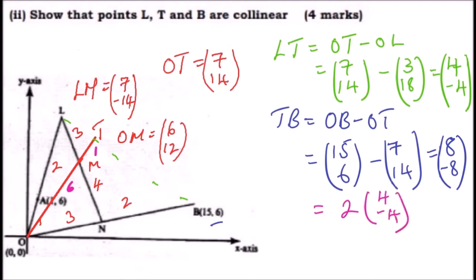So you can see now this vector is the same as this one, and therefore we can say TB is equal to 2 LT.